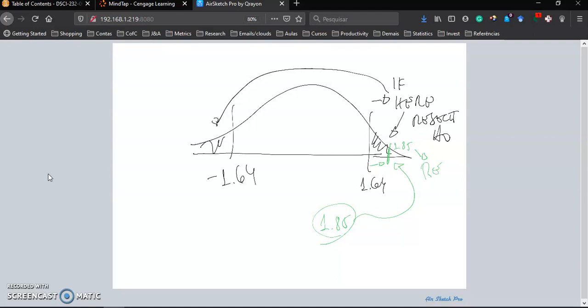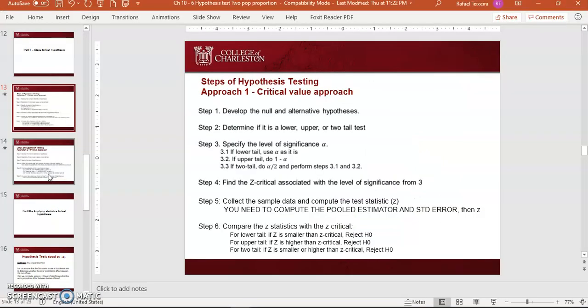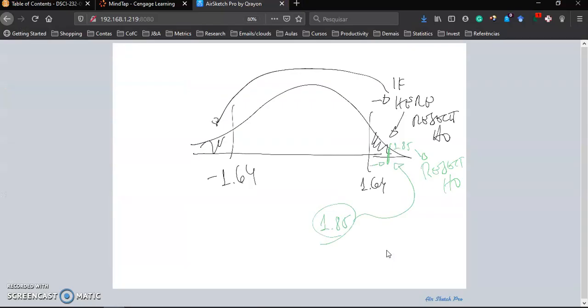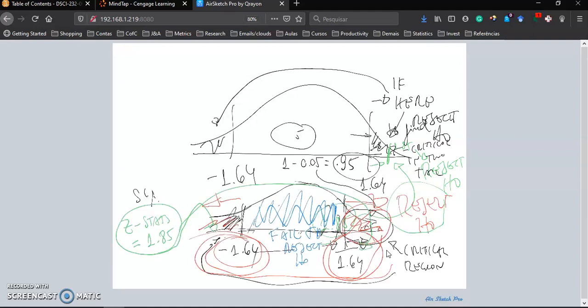Then, if I reject the null, that's what I'm doing here: compare the z statistic with the z critical. If z is smaller or higher than z critical, reject the null hypothesis. This is what I just did. So I can go back to my hypothesis and reject the null. If I reject the null, I can say that the two offices differ.